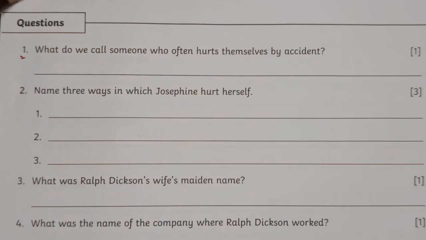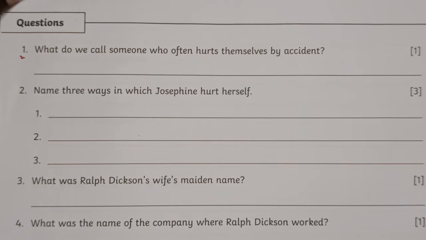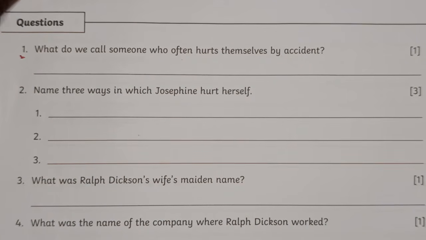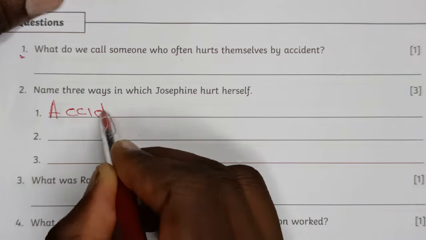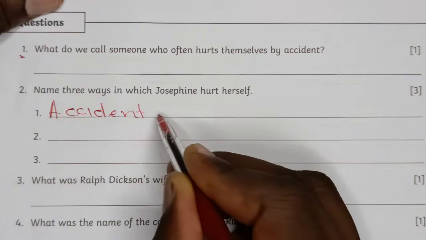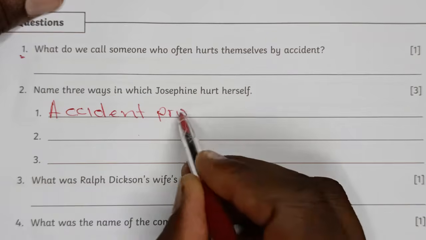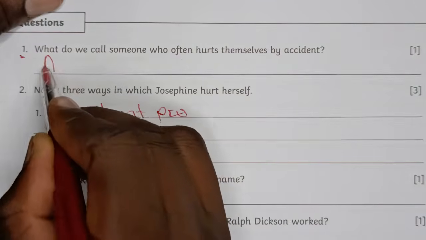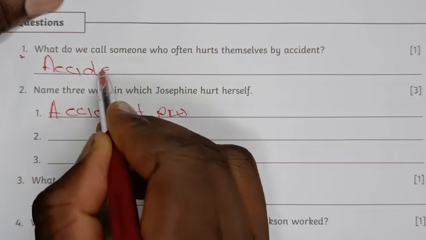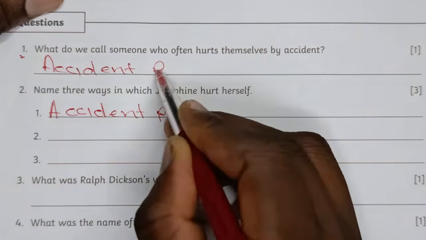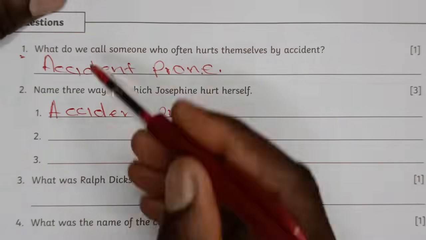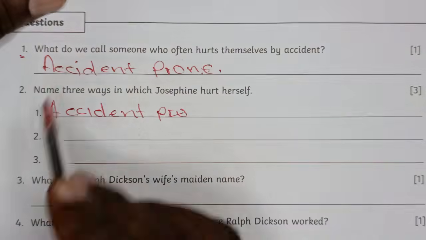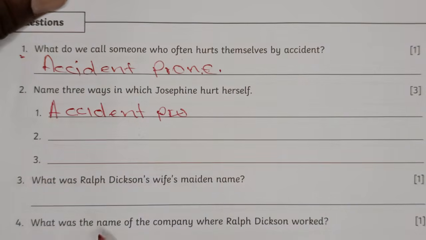According to the passage, we say that person is accident prone. No, this is wrong. We say he's accident prone. He is, or she is, or they are prone to accidents. So that person is accident prone.